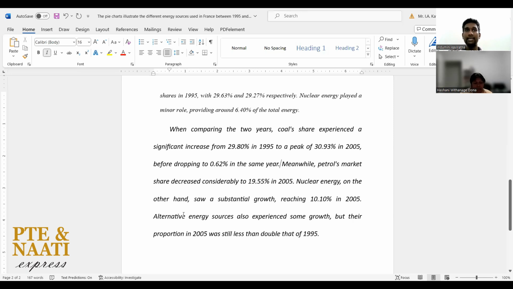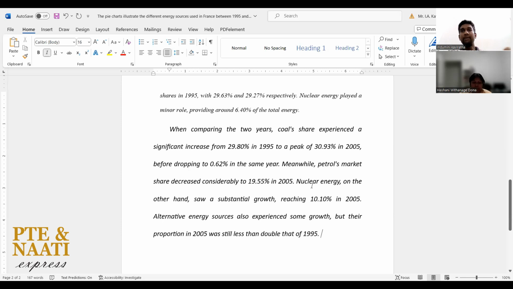Nuclear energy, on the other hand, saw a substantial growth, reaching 10.10 in 2005. Alternative energy sources also experienced some growth, but their proportion in 2005 was still less than double that of 1995.